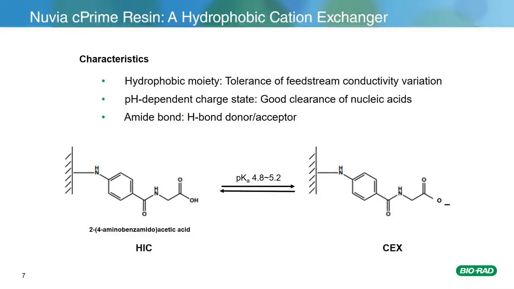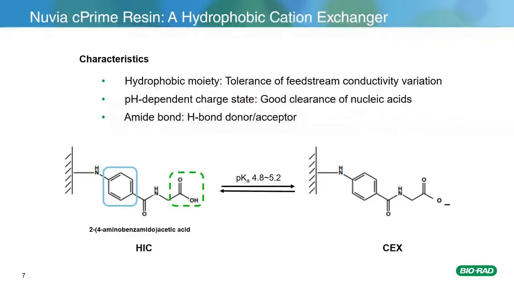Now, let's take a look at a hydrophobic cation exchanger, Nuvia cPrime. This resin has an excellent tolerance of feed stream conductivity, as there is a hydrophobic phenyl group in the ligand structure. The Nuvia cPrime ligand also has a carboxyl group with its pKa at around 5.